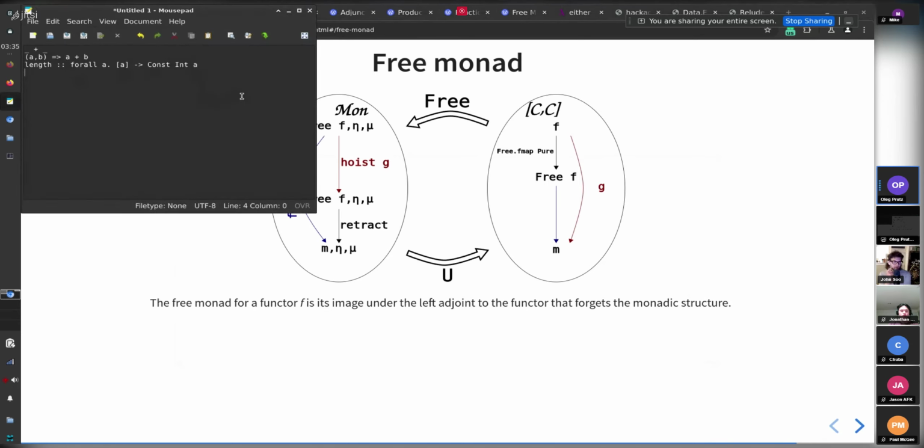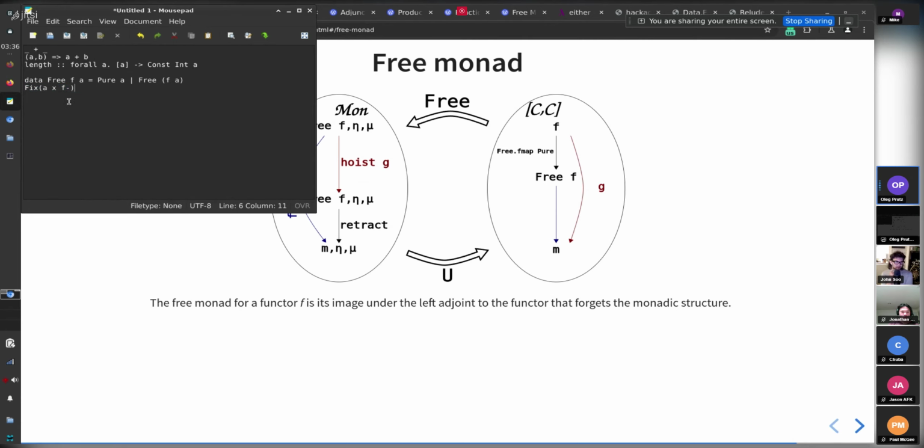Also, do you know how free monads are defined? Right, it's something like fix of A cross f of itself. So free is A cross f of itself.